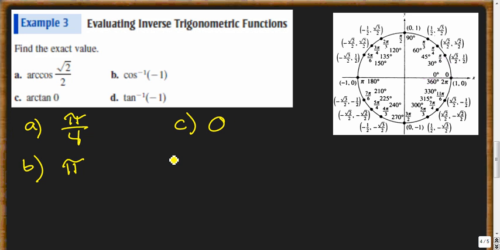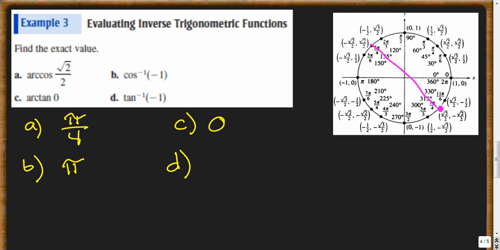And then D, last, is the arctangent of -1. So when is my slope -1 within my range? Well, let's draw a slope of -1. How do we get that? Well, -1 would be these guys here, straight through the middle. Let me draw that a little bit better. Okay, so straight through the middle. So both of these angles, 3 pi over 4 and 7 pi over 4, have a tangent of -1.